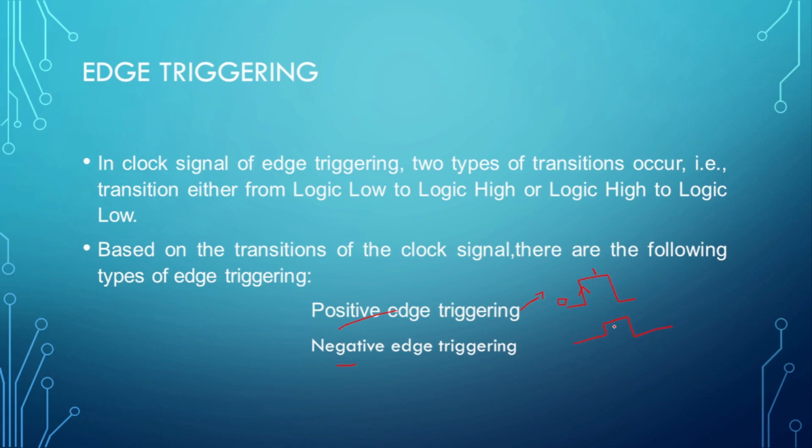If the triggering happens from high to low, that is 1 to 0, then the triggering is known as negative edge triggering.